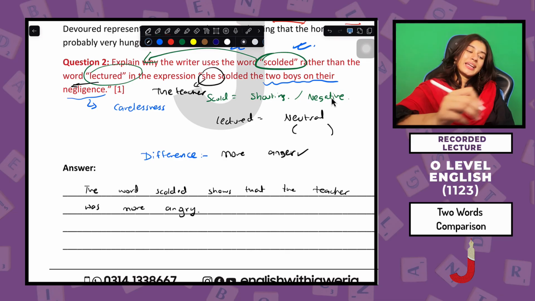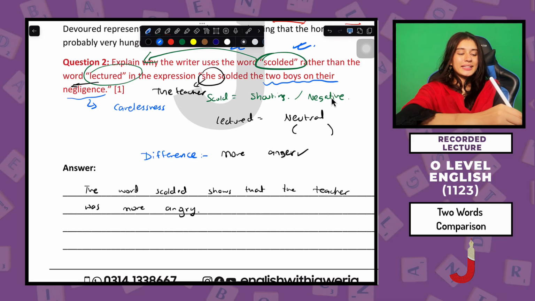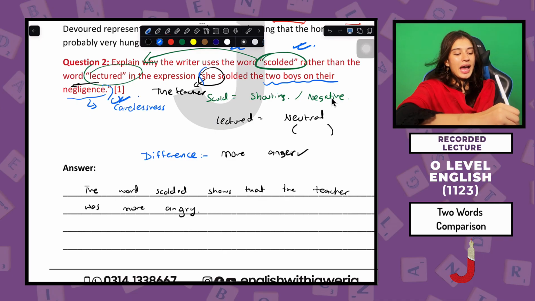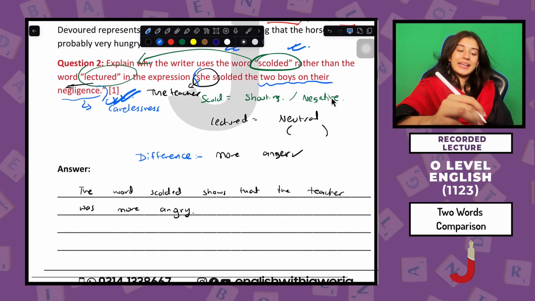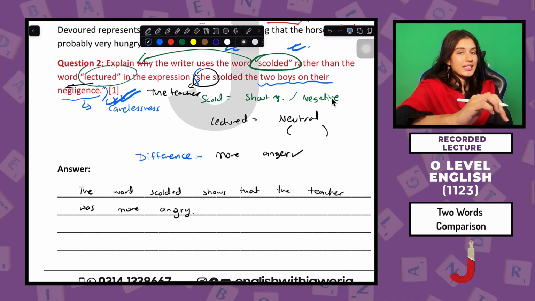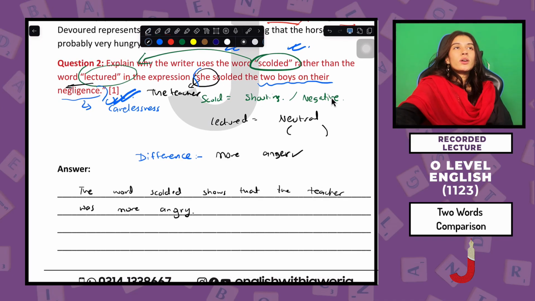And now you have to give a reason for it. So we have not read the text. Obviously you will have the actual text on your exam paper, so you will write the correct reason from the text. But here, since you don't have the text, let's make a guess. What could have been a possible reason for your teacher to scold you instead of lecturing you?